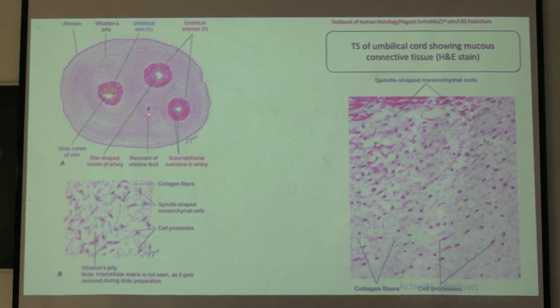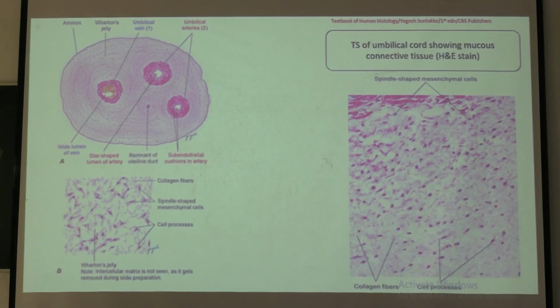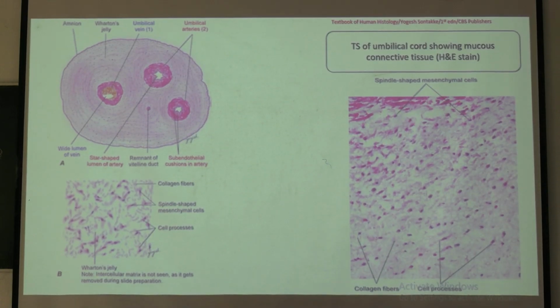This is one remnant of the vitelline duct, the vitellointestinal duct, and there are two arteries and one vein within the umbilical cord. Like this you can remember, two umbilical arteries and one umbilical vein. The umbilical arteries carry deoxygenated blood and the umbilical vein carries oxygenated blood.